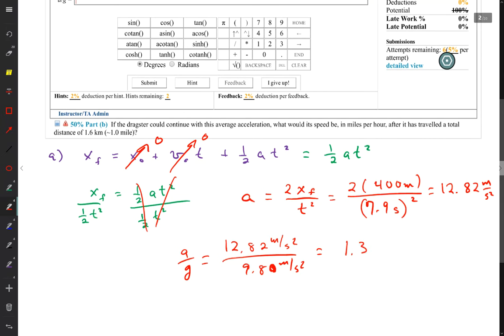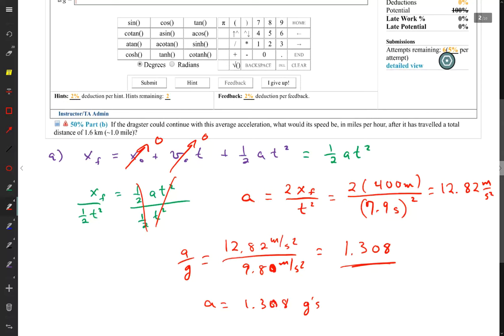And since 1.3 is the actual significant digits, what are the next 2 for the homework site? 0.8. So that means the acceleration can also be written as 1.308 g's.